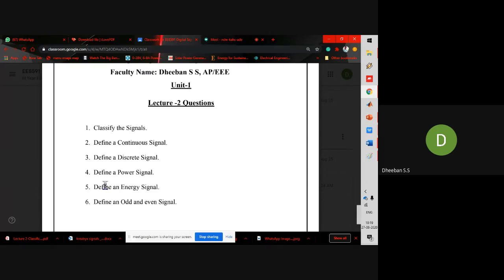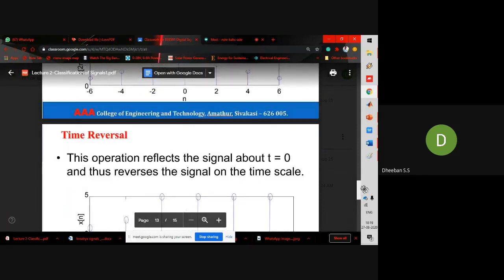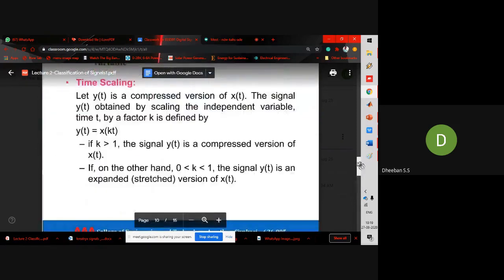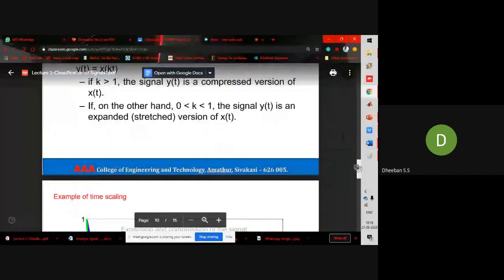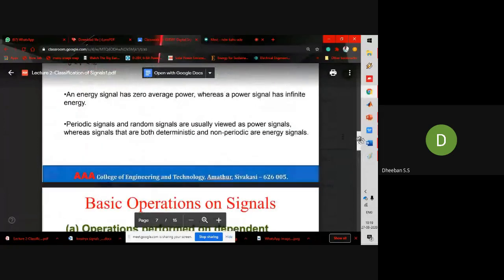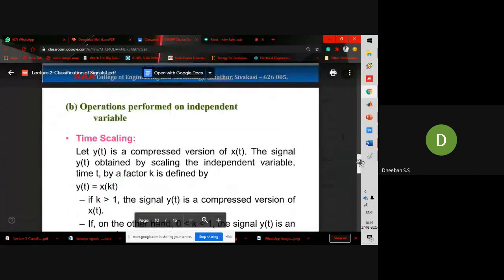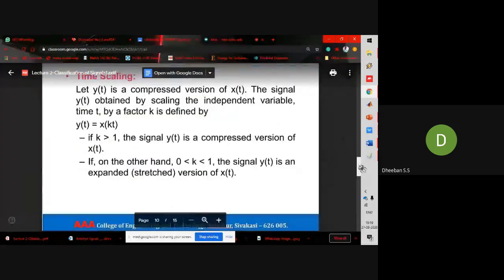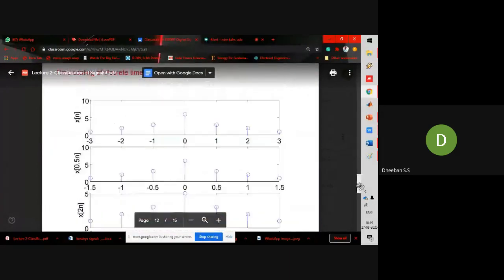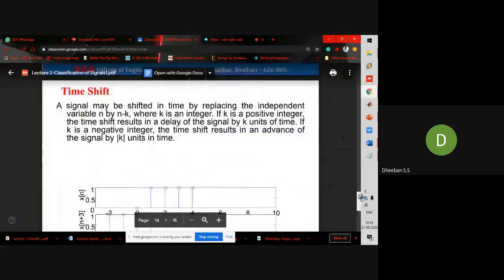Here I have said many concepts, but some concepts are somewhat difficult to understand without explaining with examples, like power and energy signals. I will deal with that with proper examples in the next class, as your second lecture.